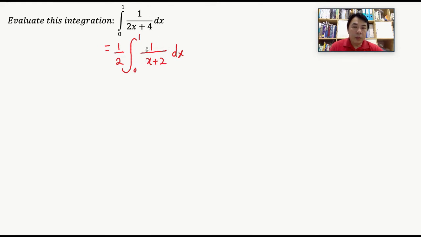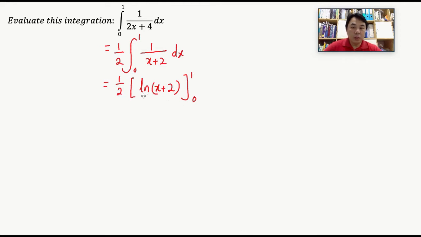And then these rational functions that are involved in this integration should be quite direct from past knowledge. We found that the integration that involves rational functions would be natural log. Okay, now that is quite direct here.